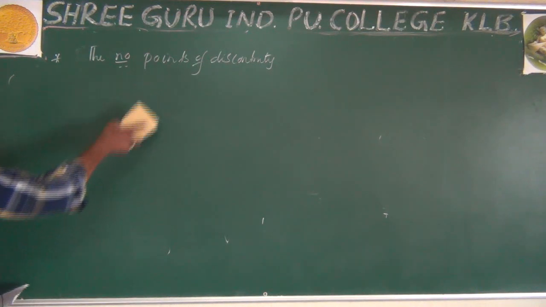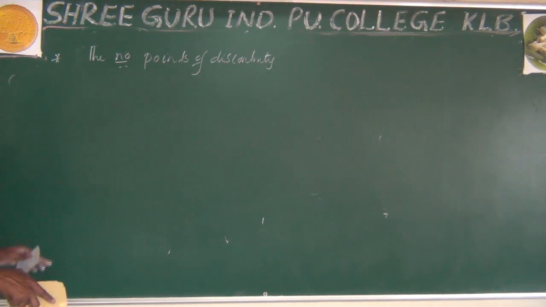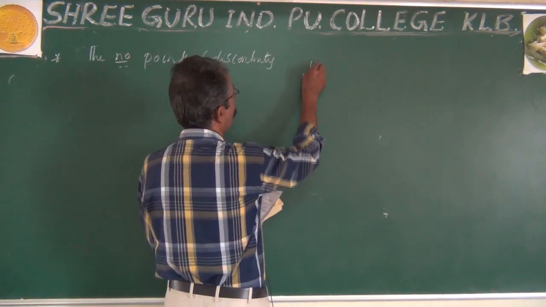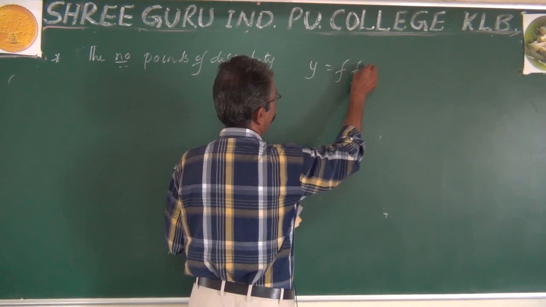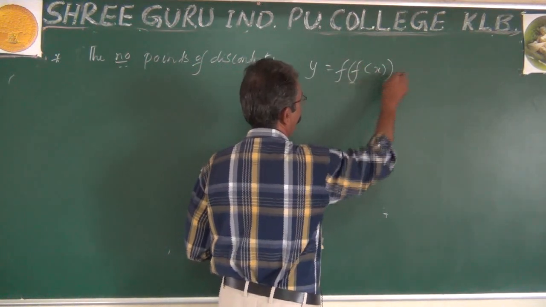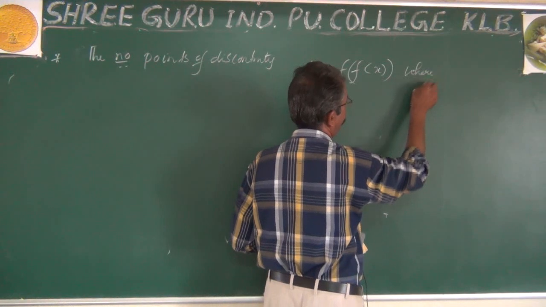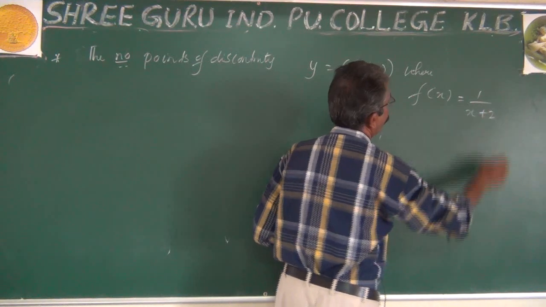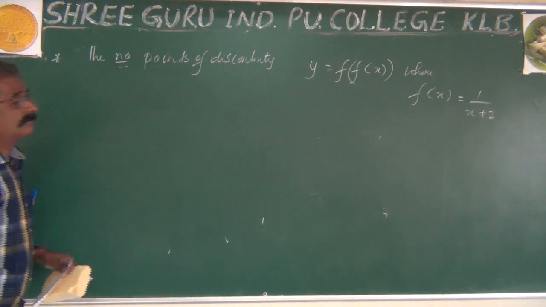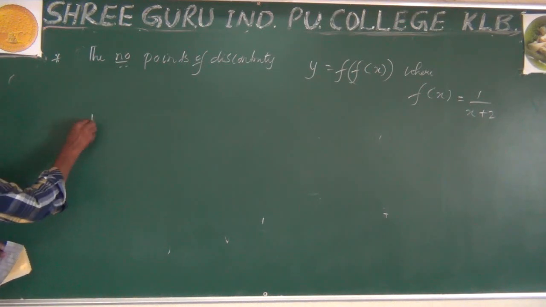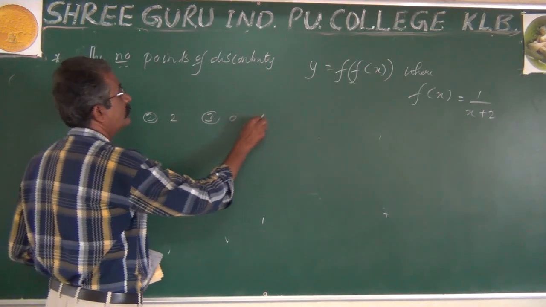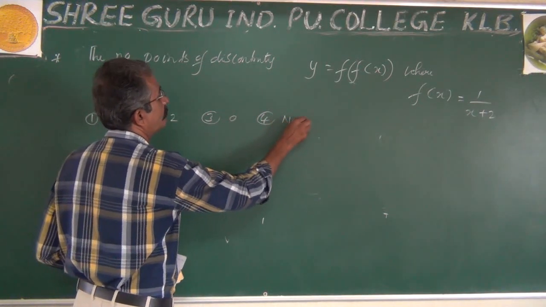If it is points, you must write which points you get. If it is the number of points, how many points are there? The number of points of discontinuity for the function y equal to f of f(x), where f(x) equal to 1 by x plus 2. First option 1, second option 2, third option 0, fourth option none of these.